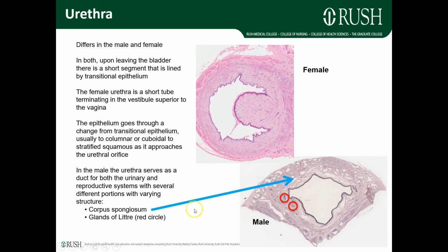But here you notice the area that has been pointed out as corpus spongiosum, as well as some of the glands present near the urethra, providing lubrication for voiding.